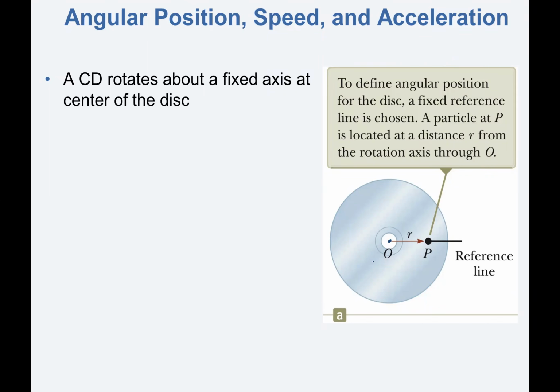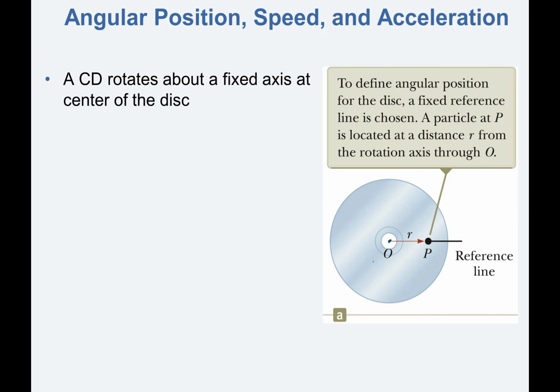Okay. Now, what we're going to do here is we're going to have a motion. Now remember, every time there is a motion, the best way to approach that is to have some kind of reference coordinate system. You have a coordinate system and you have a reference point, or, in this case, actually a reference line.